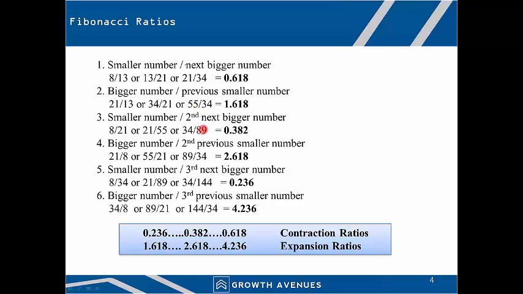So 21 divided by 89, and so on, will give you 0.236. Alright, and the exact reverse process of that, bigger number, that is 34 or 89 or 144, divided by third previous smaller number, 4.236. Alright, so this is how the ratios are arrived at.